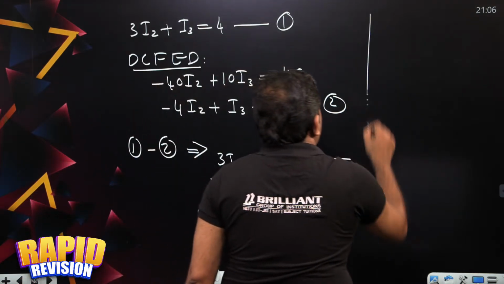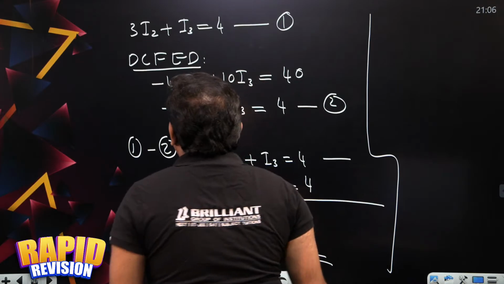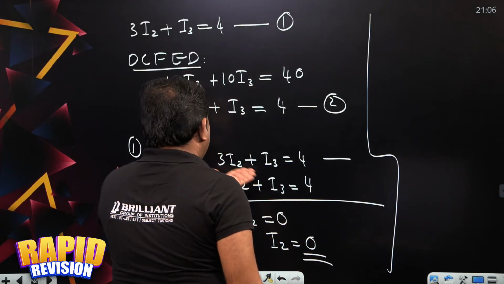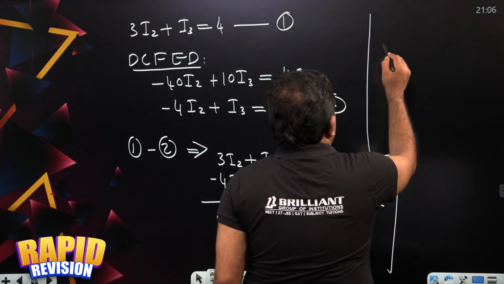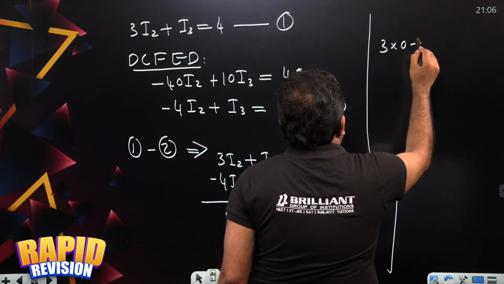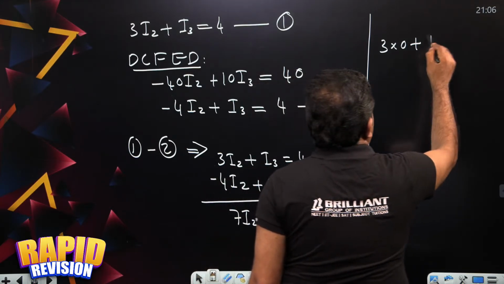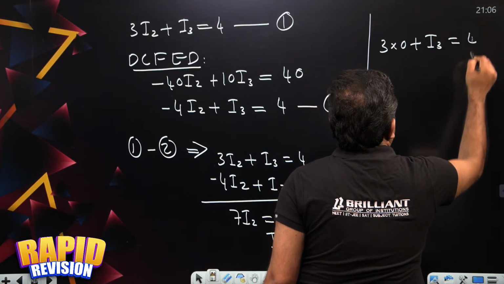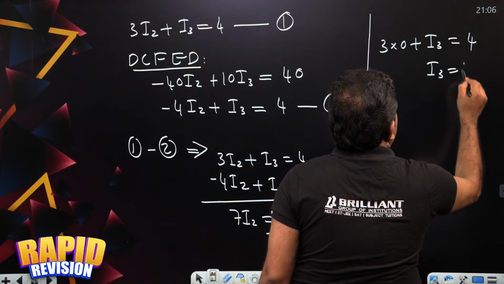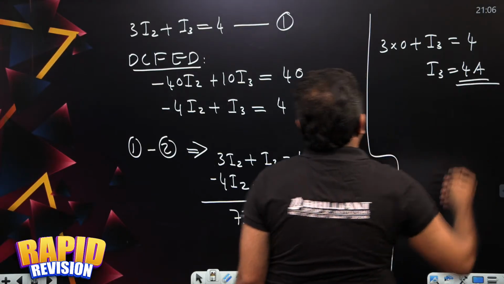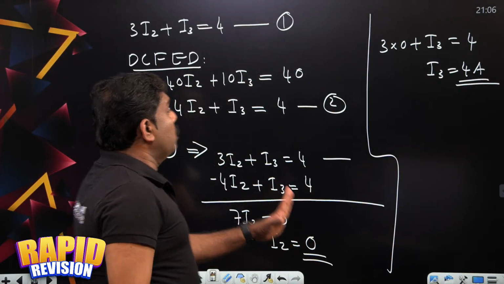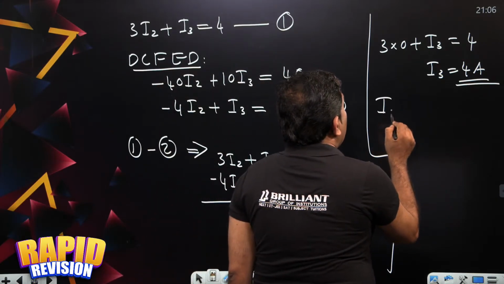If I2 is 0, then what is the I1 value? Substituting in any formula, you get the I3 value. Now 3 into 0 plus I3 is equal to 4. So we are getting I3 is equal to 4 ampere. So I3 is 4, I2 is 0. So what is I1 now?